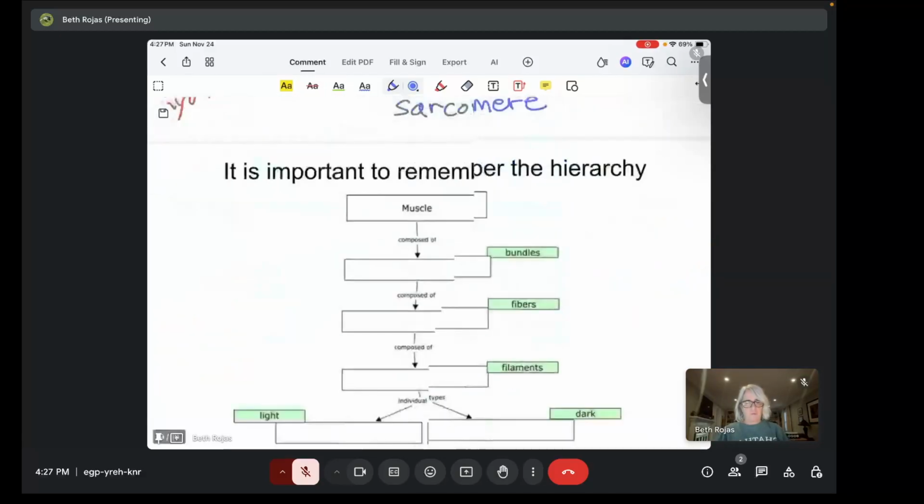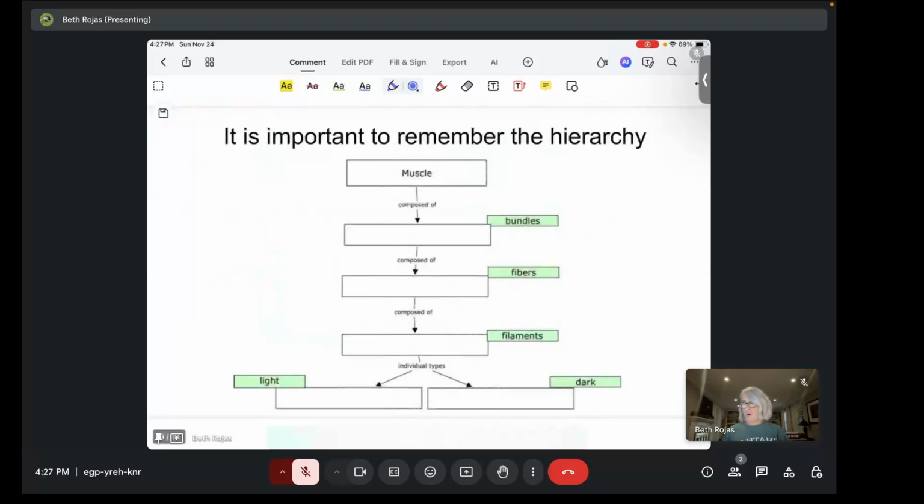Okay, so one thing we need, this is a good organization chart for you. If we start really big, the whole entire muscle, it's composed of bundles that are called fascicles. What are the fascicles covered or wrapped by? They're wrapped by perimysium. Put a little arrow.